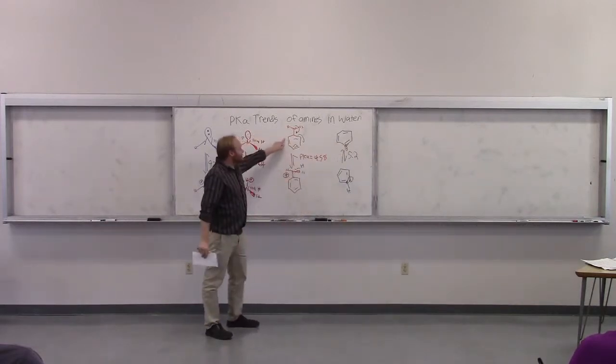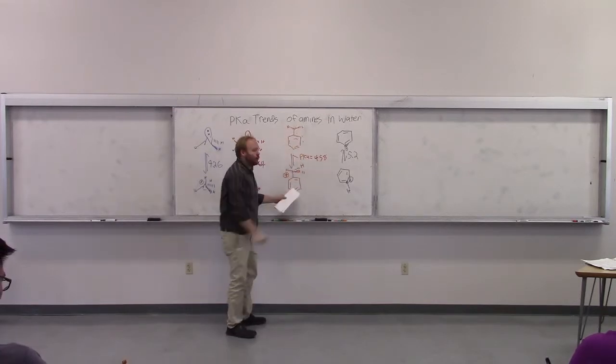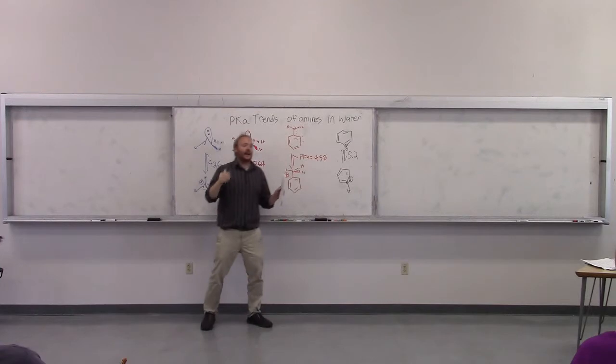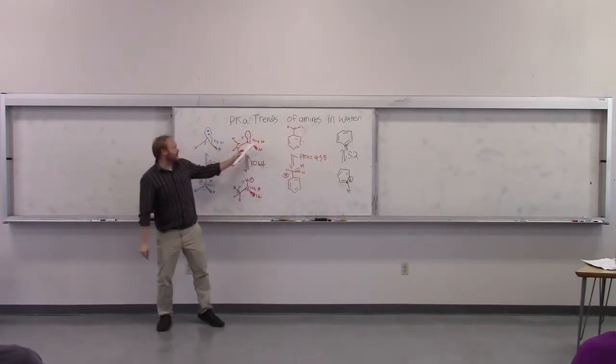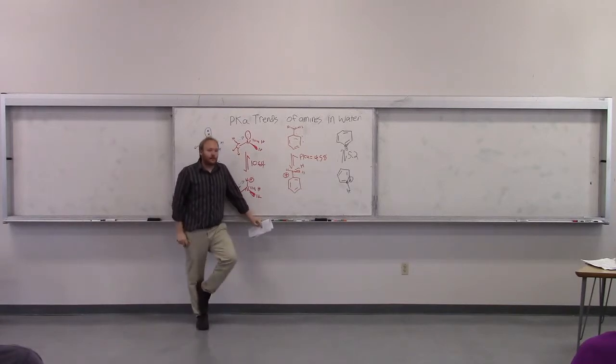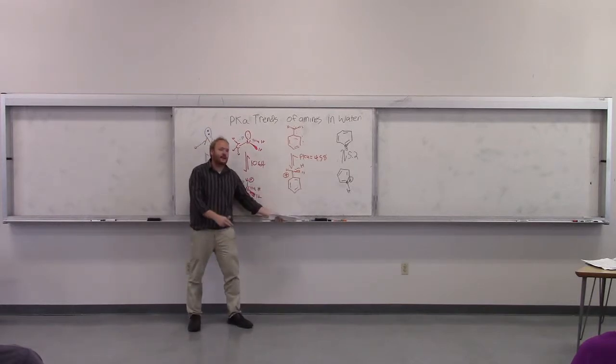Another way to think of aniline: since aniline is a stronger acid in its ammonium form, that means it's a stronger or weaker base. Is aniline a stronger or weaker base than a typical primary amine? It's a weaker base, absolutely. You could in part say it's a weaker base because its conjugate acid is a stronger acid.